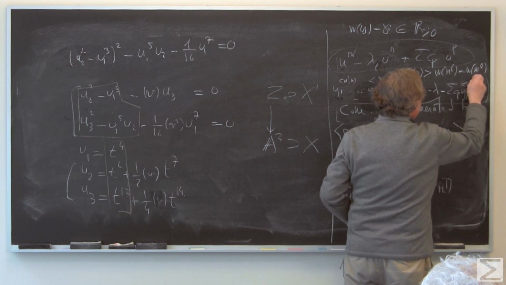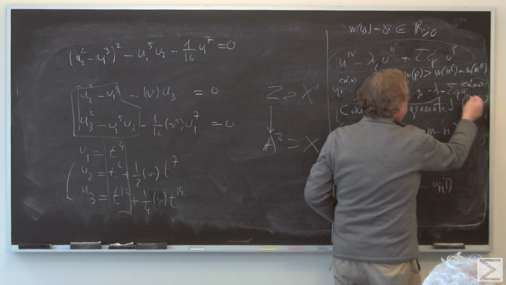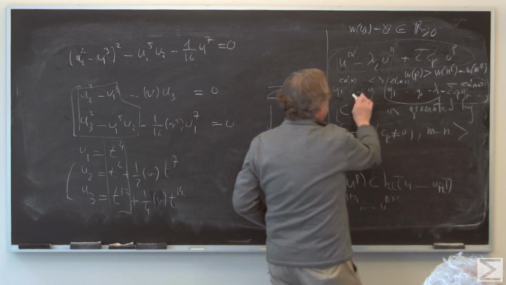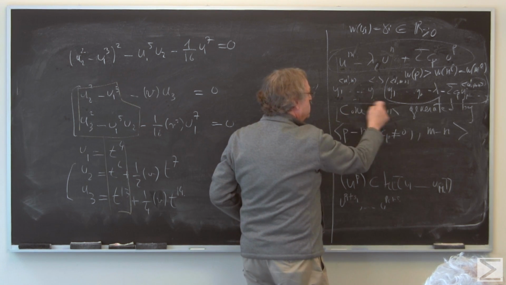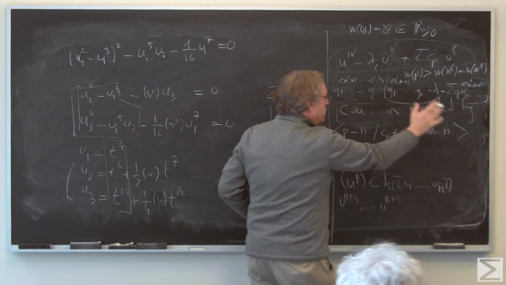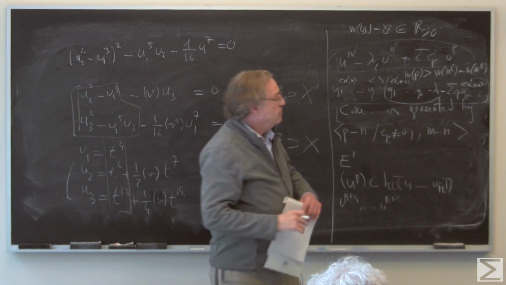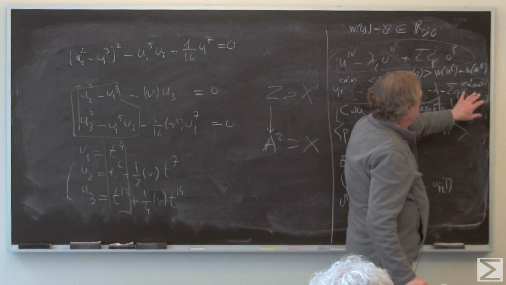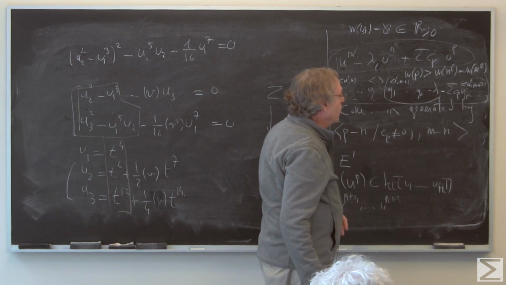I should have written them. A1 p minus n, and so on. So it means that these exponents are positive. It means it's lawful to factor out this part, and it means that the strict transform of my equation is a deformation of the strict transform, and therefore it is non-singular. Well, there is a little detail. You have to verify that the weights are larger, but it's practically obvious.